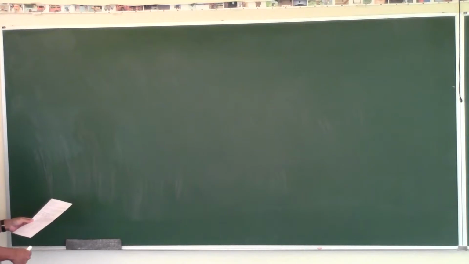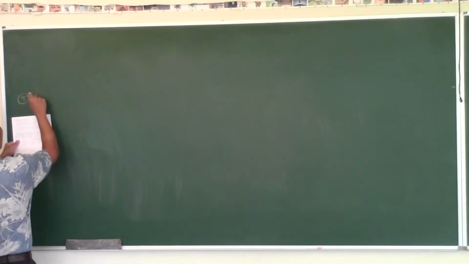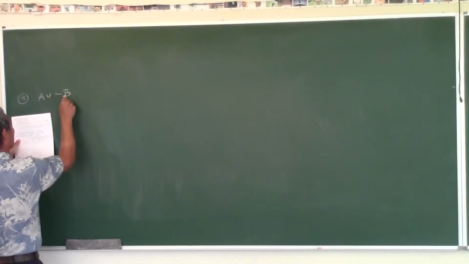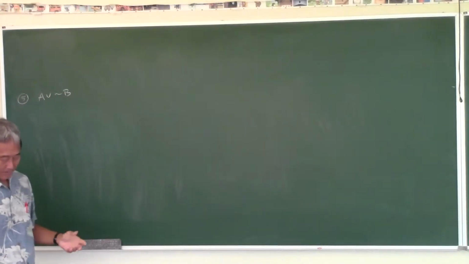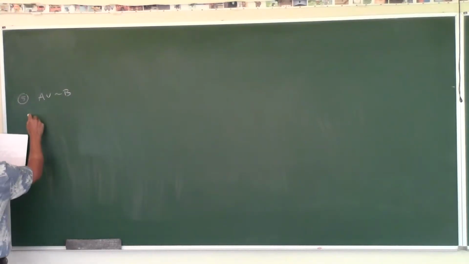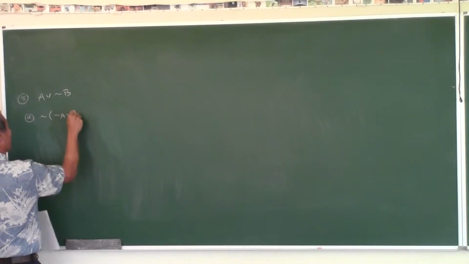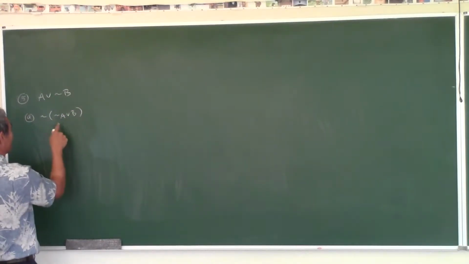Which of the following statements are logically equivalent to A or not B? In the first line, here's A, not A or B. Now, I can distribute this negation sign.